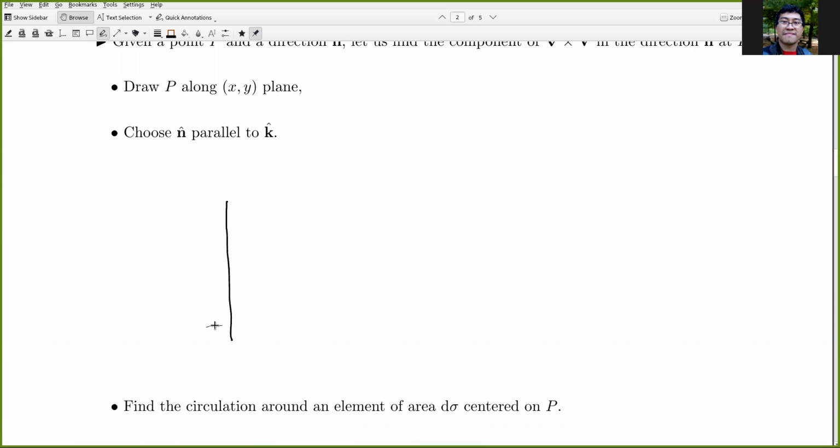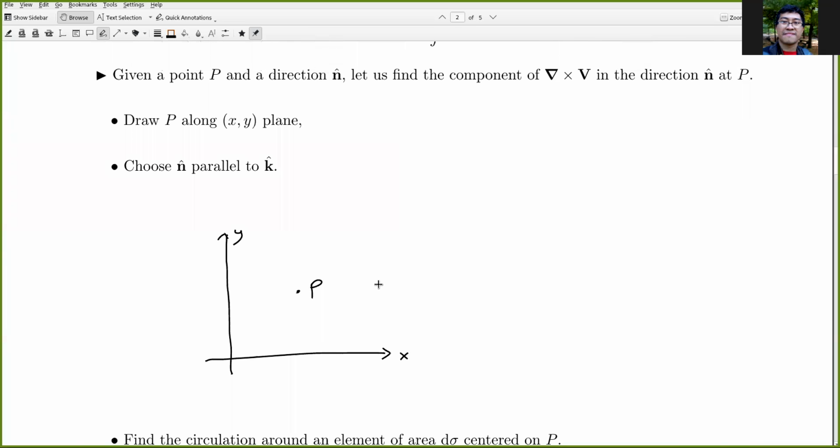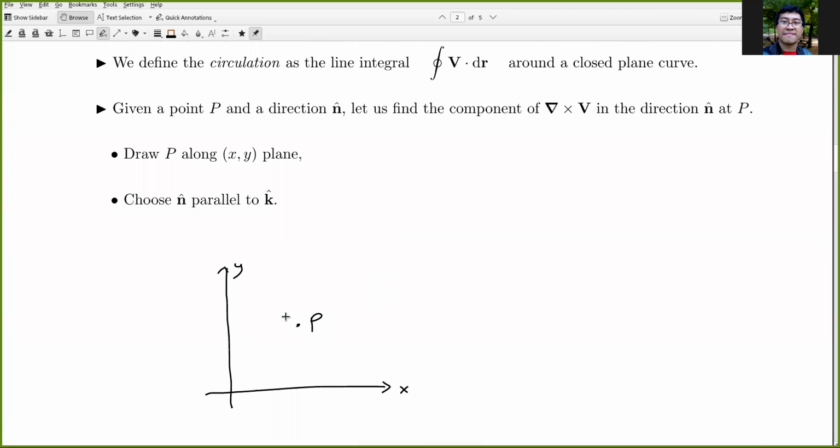So suppose this is our XY coordinate system. This is our P. So P is along this plane, and we want to determine the circulation around a closed path.